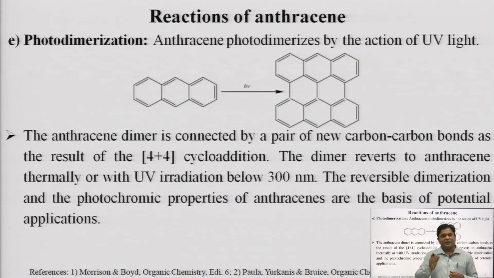Again this dimer can be reverted back to anthracene when it is heated, means thermal energy is provided, or when irradiated with UV radiation below 300 nanometers. Again this dimer is reverted back to the anthracene.